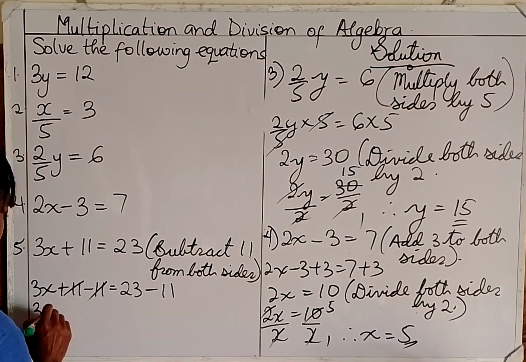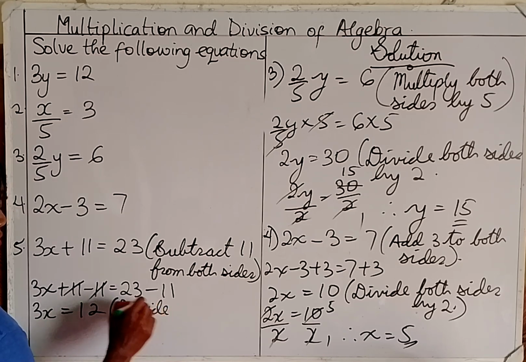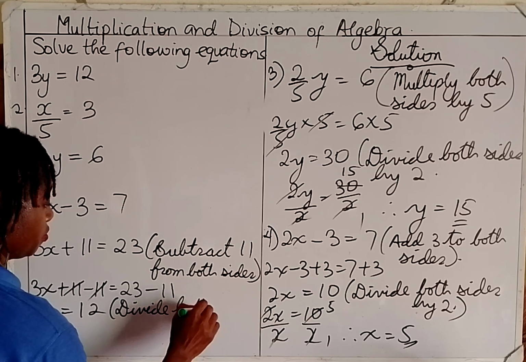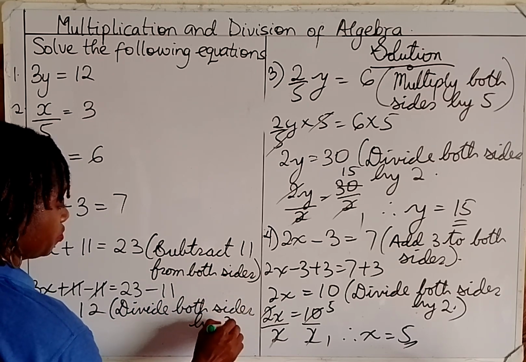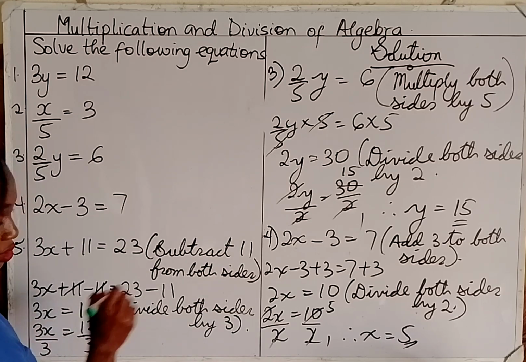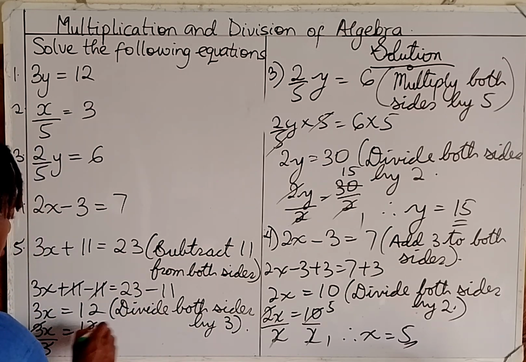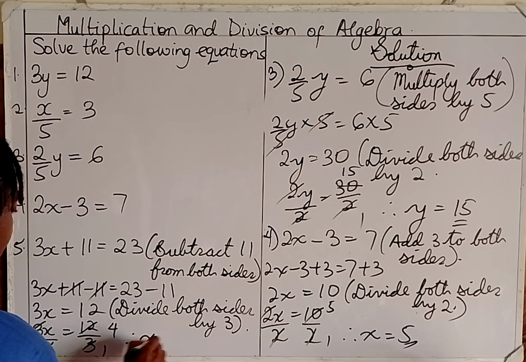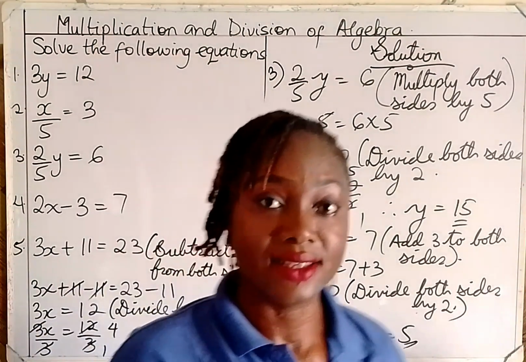Then we have 3x equals 12. Then we divide both sides by 3. So we have 3x divided by 3 equals 12 divided by 3. 3 into 3 is 1. 3 into 12 is 4. Therefore, x equals 4. And that's the final answer.